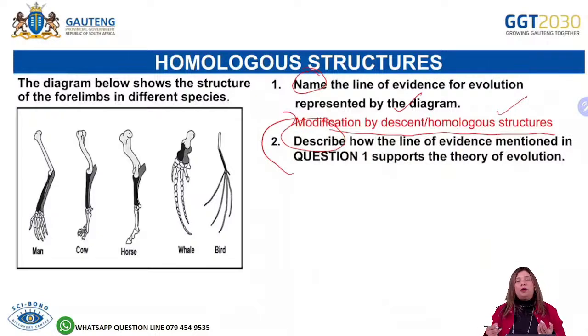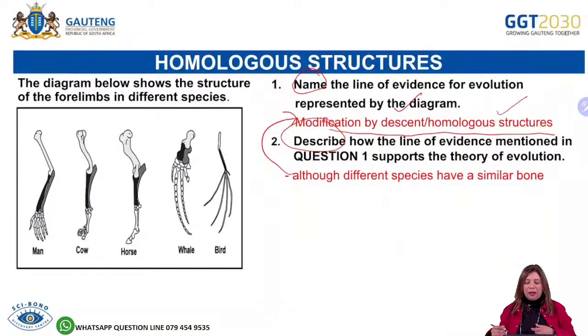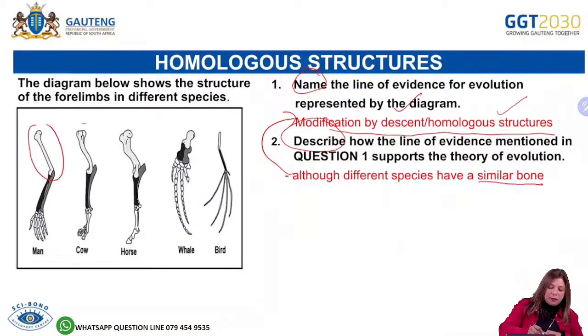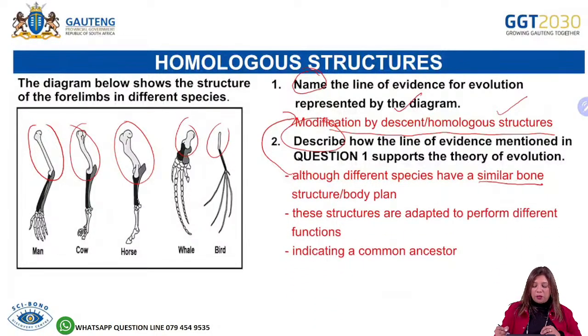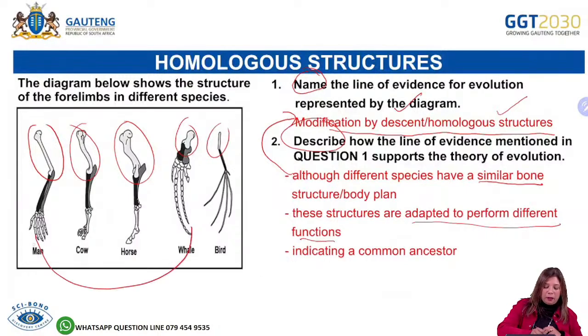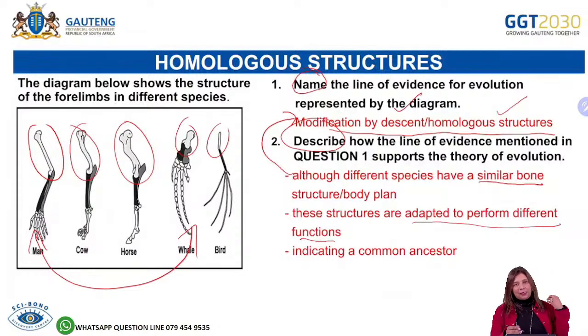Then you must talk about what we discussed in the previous slide, that although they have a similar bone, remember the humerus? Although they have a similar bone structure or body plan, these structures are adapted to perform different functions. Remember the man and the whale? We discussed it. Okay? They indicate that they have a common ancestor.